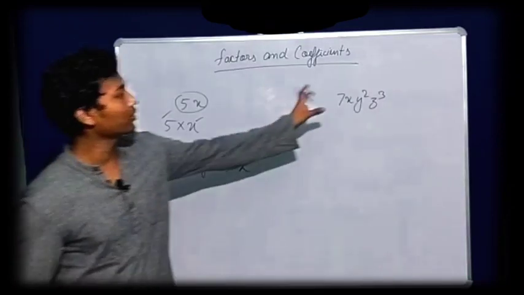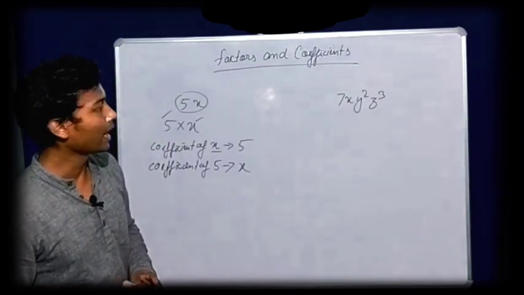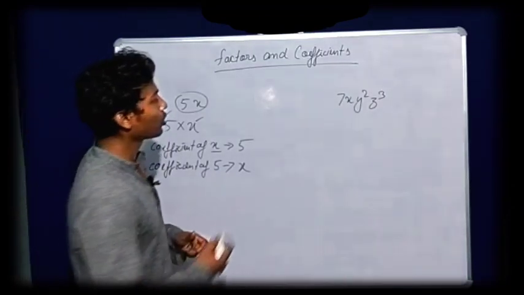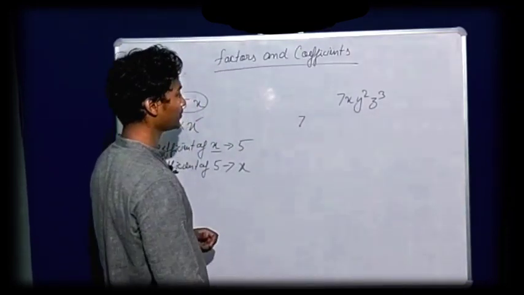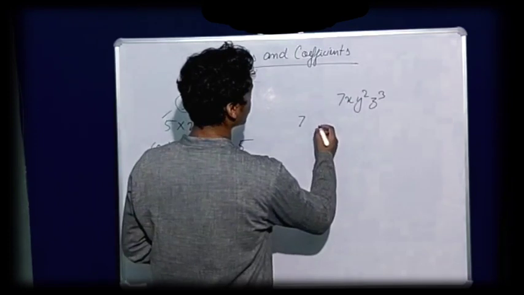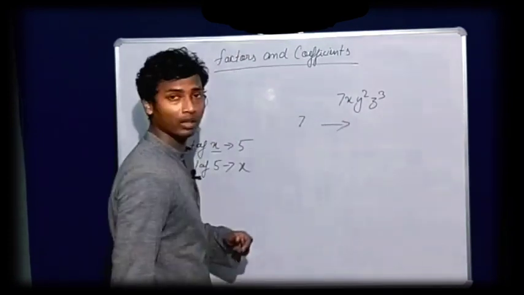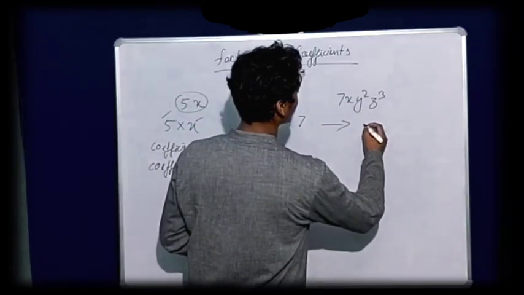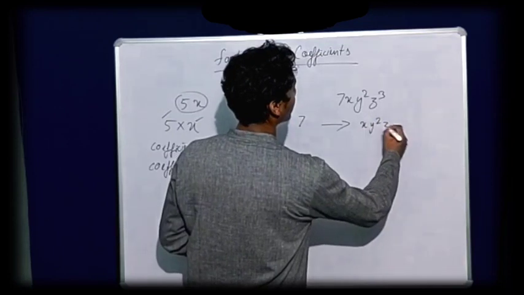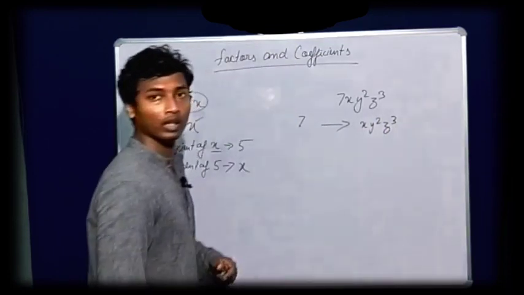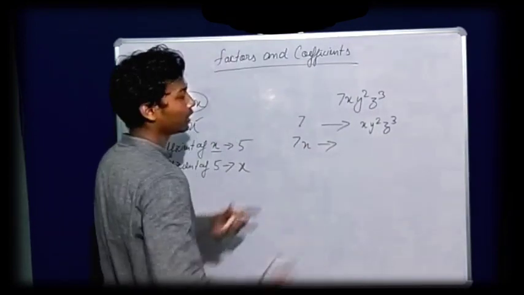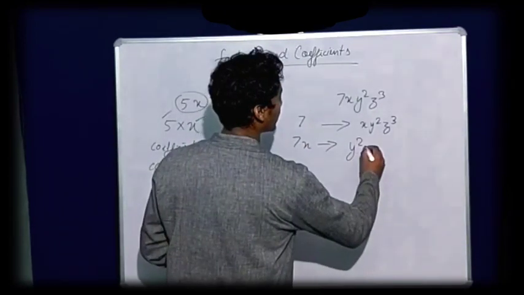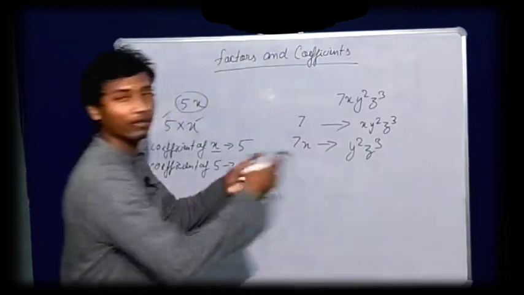Let's look at this term and find out the coefficient for 7. What will the coefficient for 7 be? So the coefficient for 7 will be x y square z cube. If I ask you what is the coefficient for 7x, then it will be y square and z cube, the remaining factors.